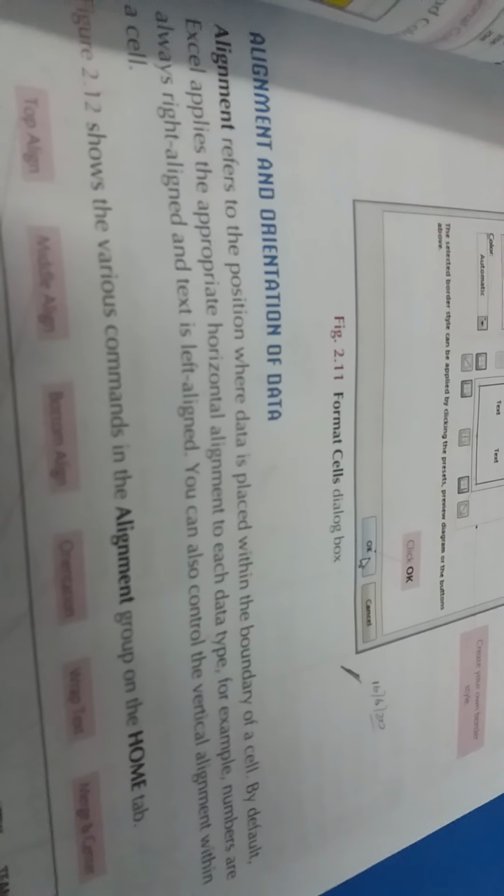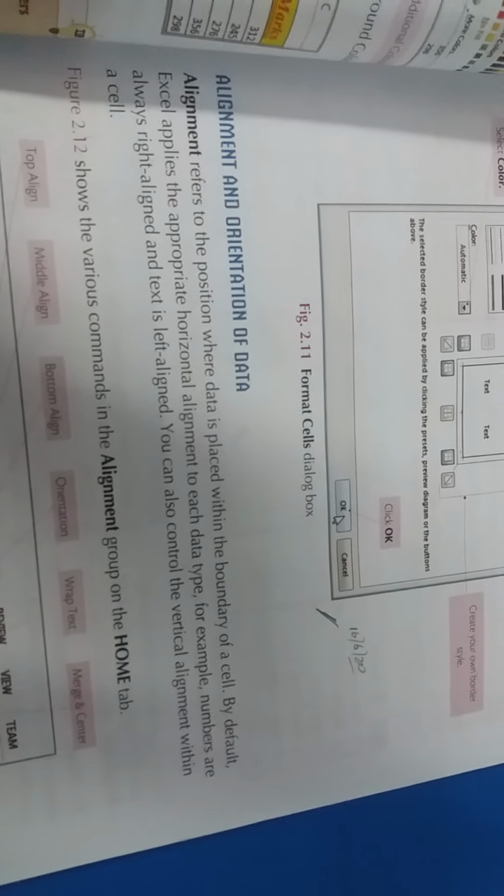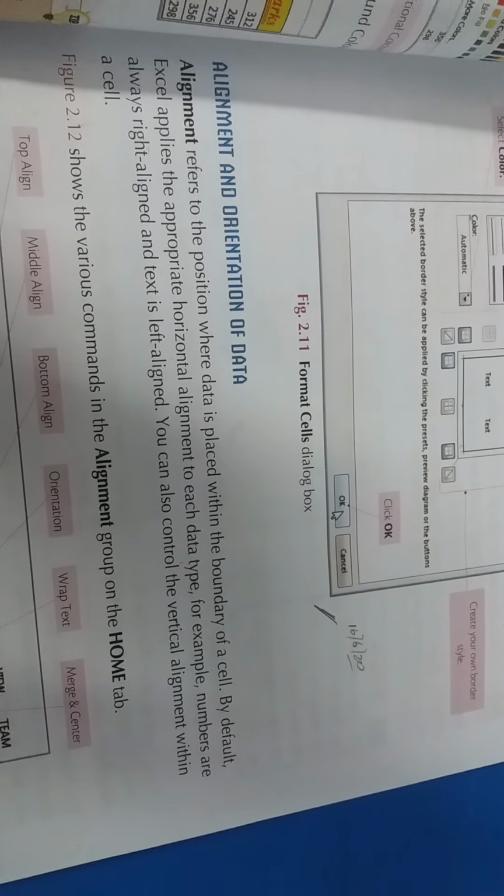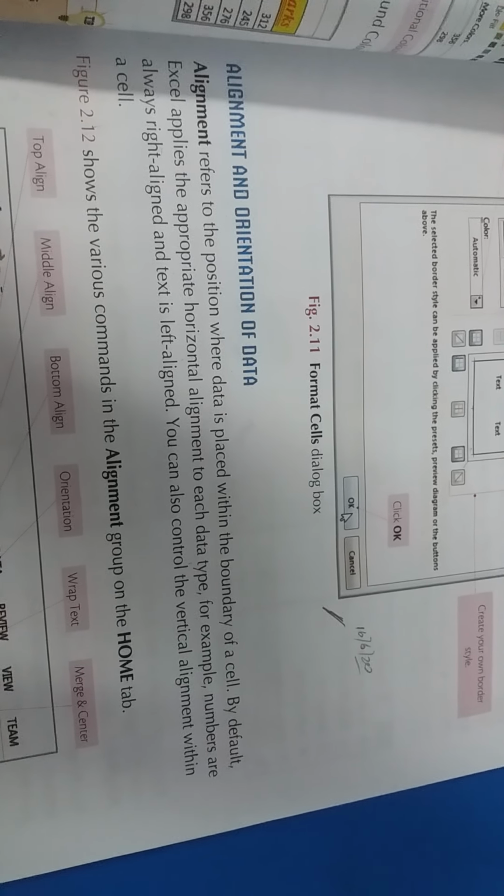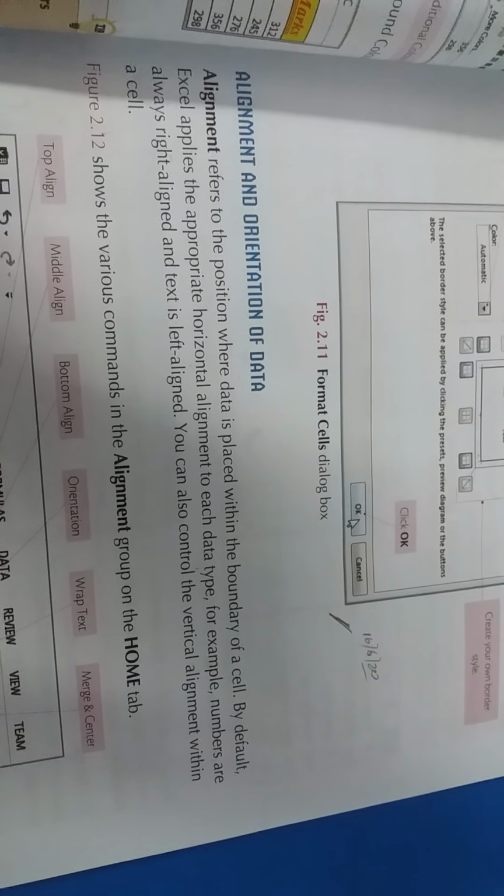For example, numbers are always right aligned and text is left aligned. Whenever you type in Excel sheet, the numbers will align right and the text will align left. You can also control the vertical alignment within a cell.